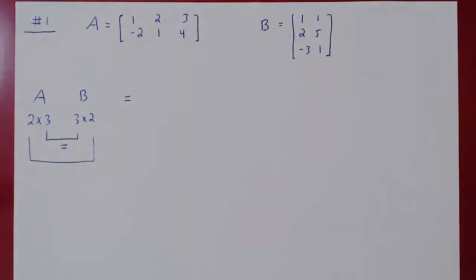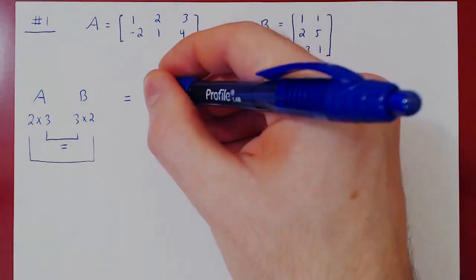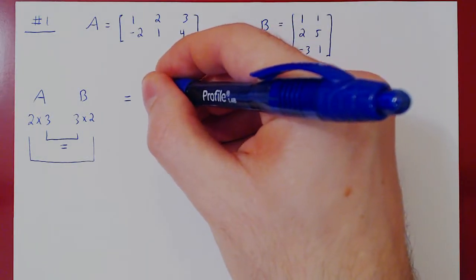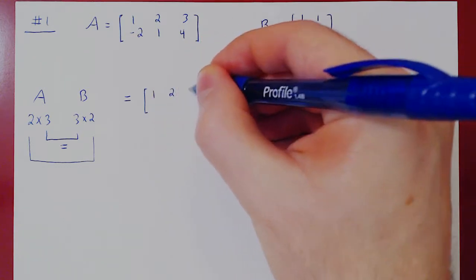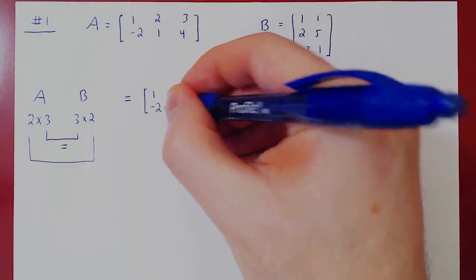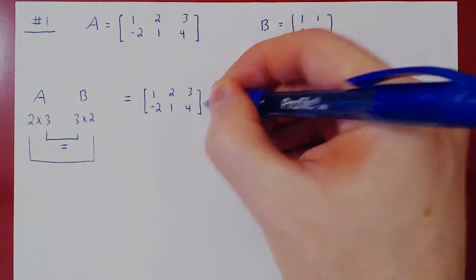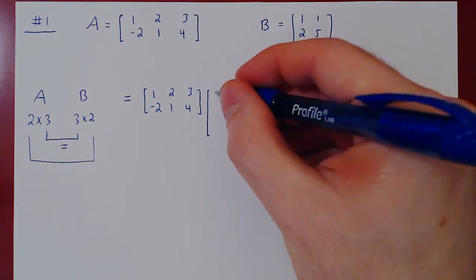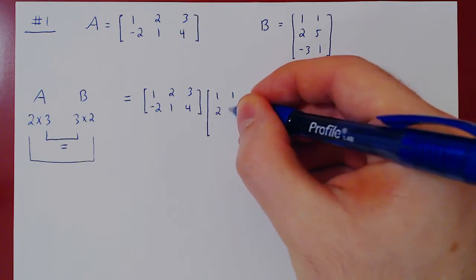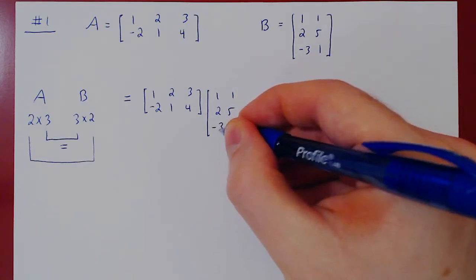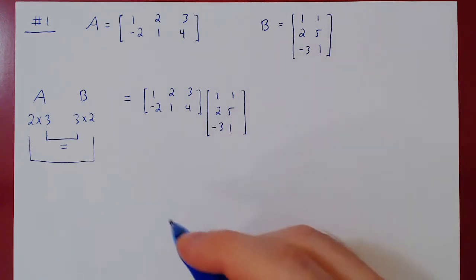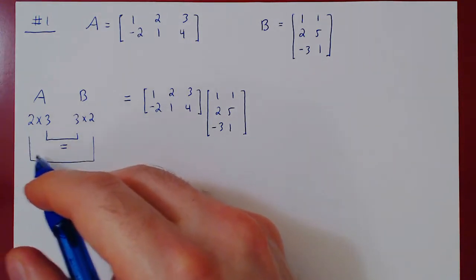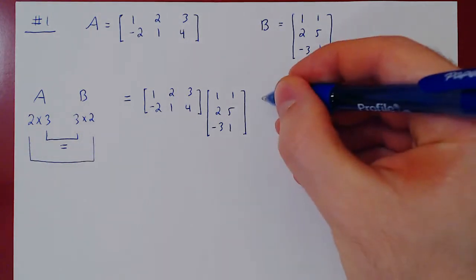Let's see how that's going to work out. So let's write our matrix A. 1, 2, 3, negative 2, 1, 4, times the matrix B, 1, 1, 2, 5, negative 3, 1. So we know the new matrix AB will be a 2 by 2 matrix.